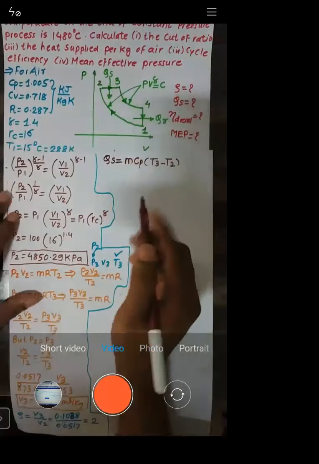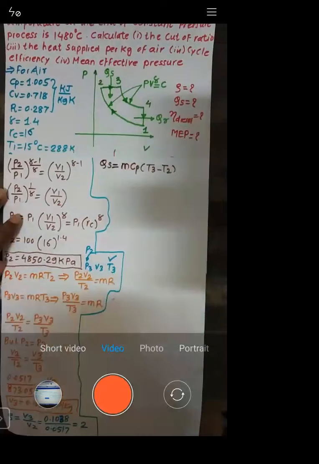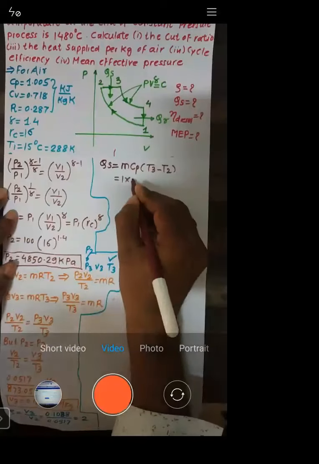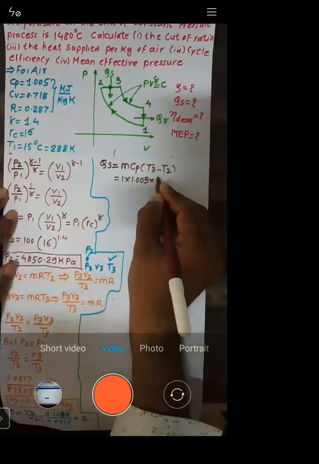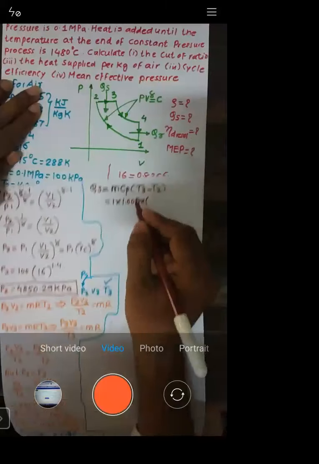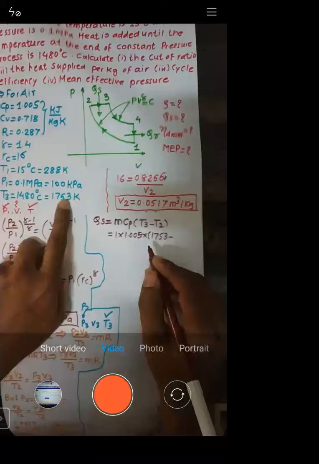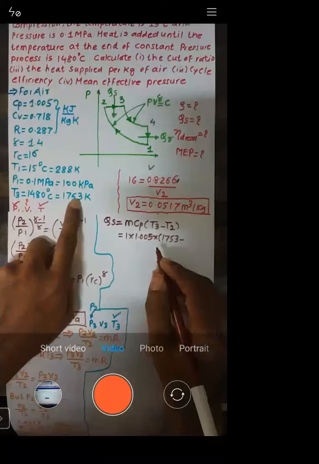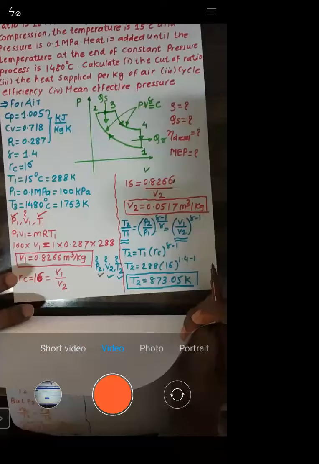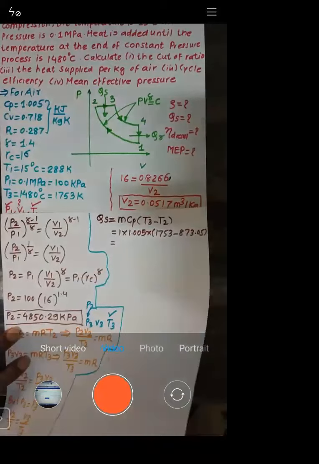Now let us calculate that. Mass is 1, Cp is 1.005, T3, the value of T3 is given in the problem, 1753, minus T2. 1753 is T3 and T2 we have calculated as 873.05. From this we will get the amount of heat supplied.